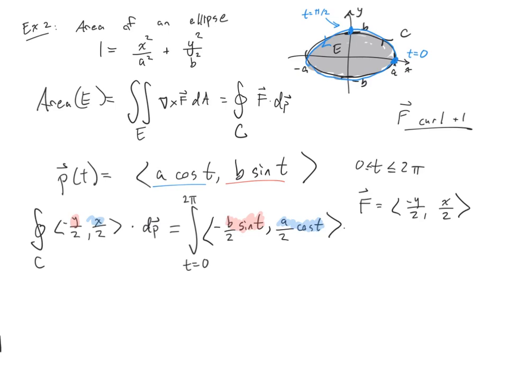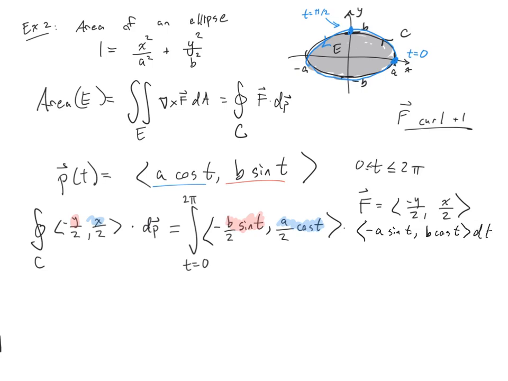And then I need P prime. P prime is cosine's derivative, which is minus a sine of t. And sine's derivative is b, so b times sine t gives b cosine of t dt.